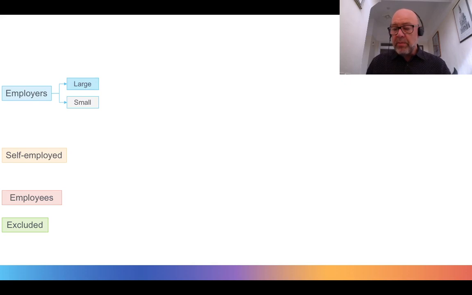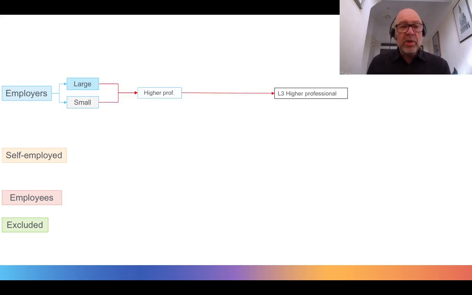So if we deal with employers first, in the NSSEC we distinguish between employers in large establishments and small establishments, and pragmatically this uses a cut-off of 25 or more employees for large and fewer than 25 for small.